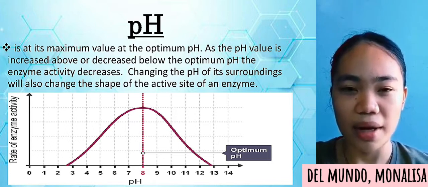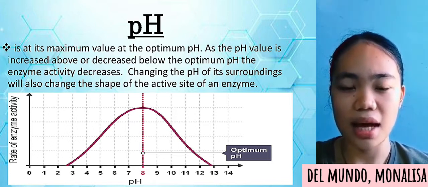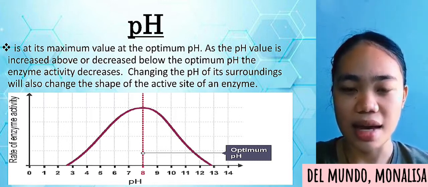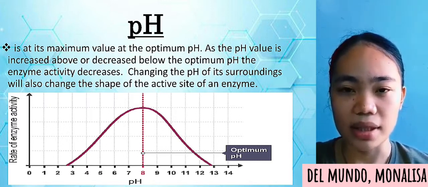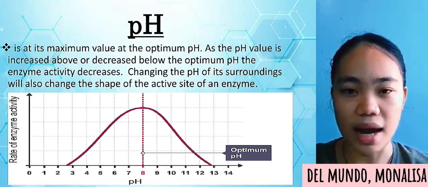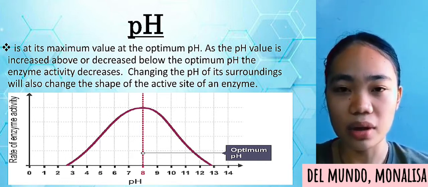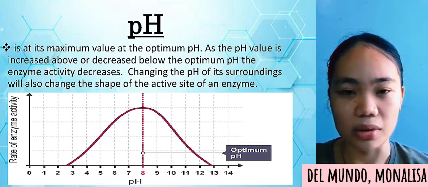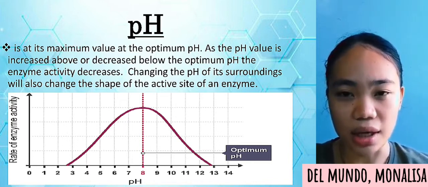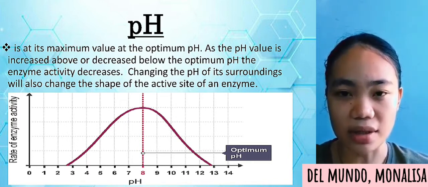Many amino acids in an enzyme molecule carry a charge. Positively and negatively charged amino acids will attract. This contributes to the folding of the enzyme molecule, its shape, and the shape of the active site.